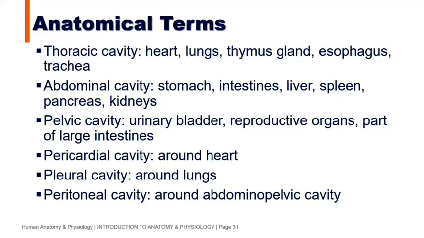Next, you have your pelvic cavity, composed of your urinary bladder, reproductive organs, part of the large intestine. And then you have your pericardial cavity, which is around the heart. And then you have your pleural cavity, which is around your lungs. And then next, you have your peritoneal cavity around the abdominopelvic cavity.